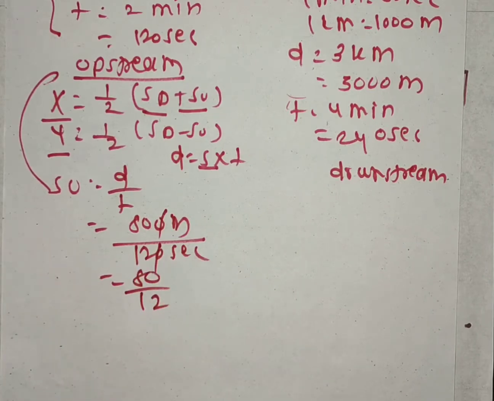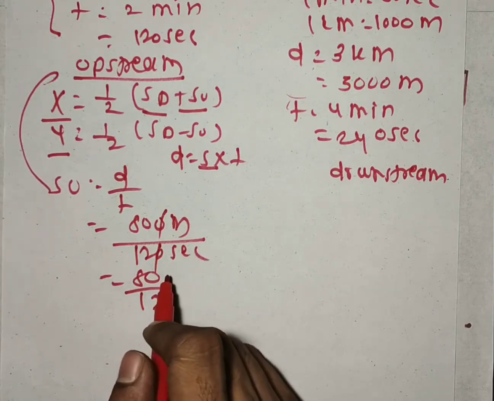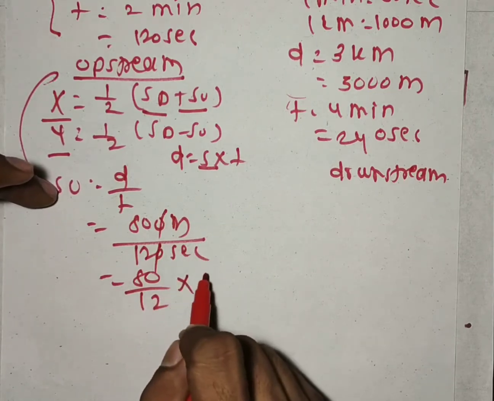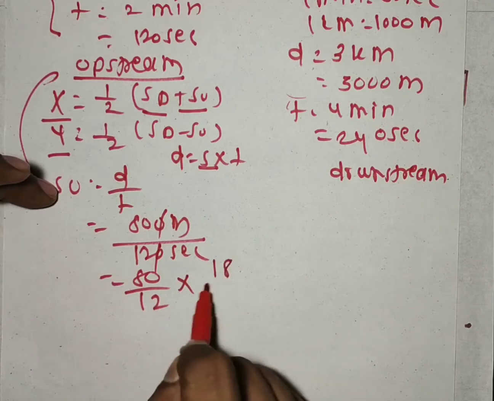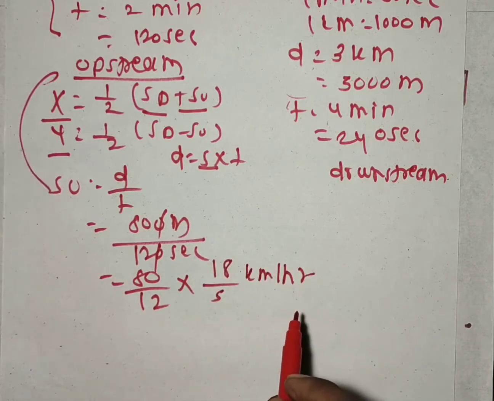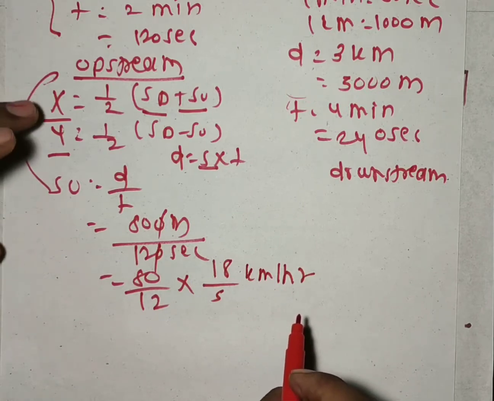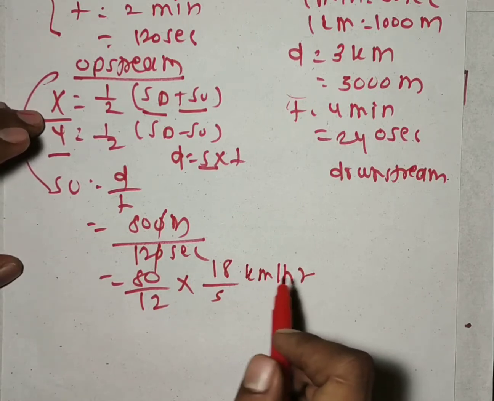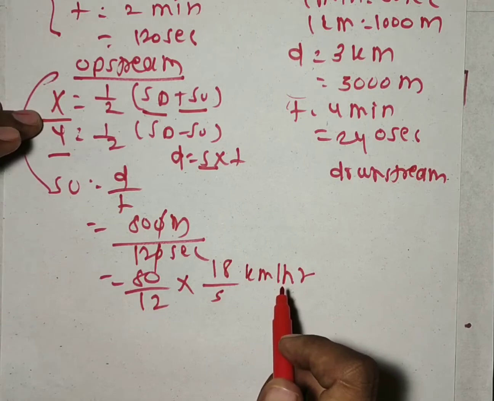But if I want to convert it into kilometer per hour, we know that to convert any term into kilometer per hour, we just have to multiply the whole term by 18 by 5. If you don't know how to convert meter per second into kilometer per hour or vice versa, then watch the video. I have a video on that also.